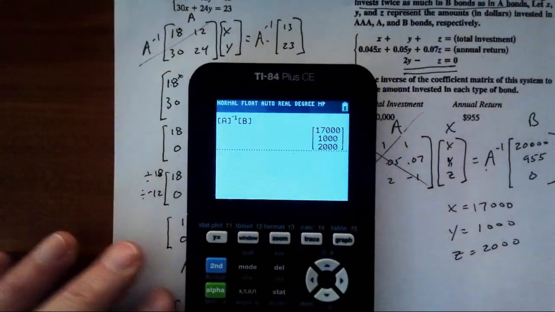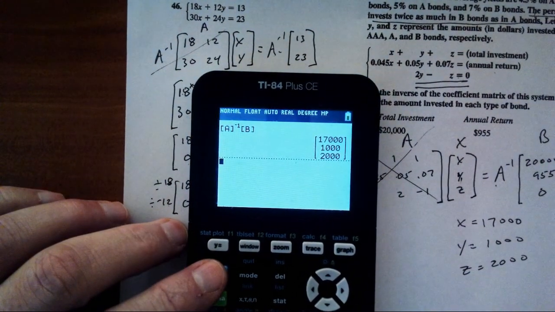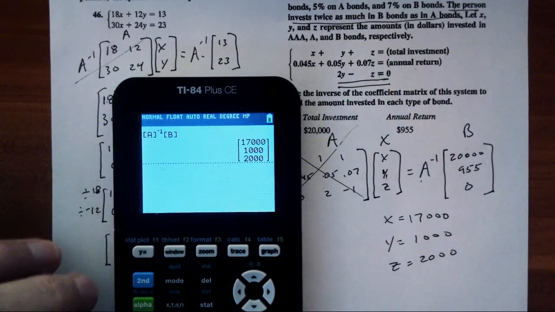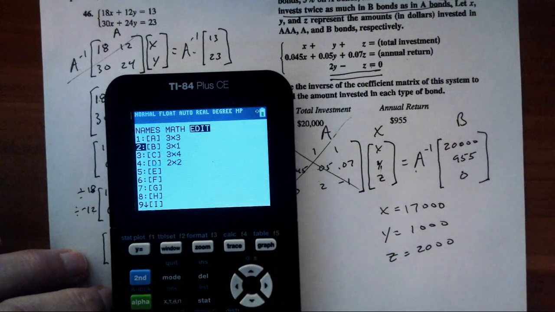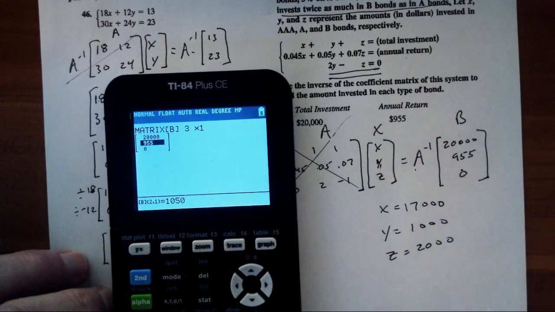Well, what would we have to do now on our calculator? I'd say, okay, well, let's go back into that matrix B where you were looking for 955. Let's edit matrix B, and let's see, is it possible for us to maybe get $1,050 out of that?